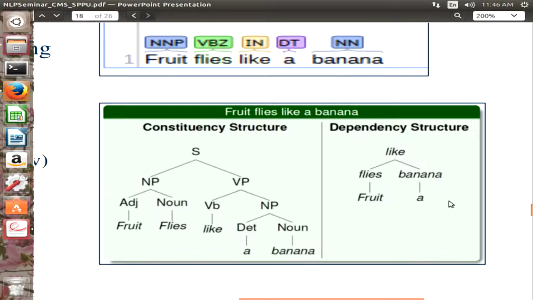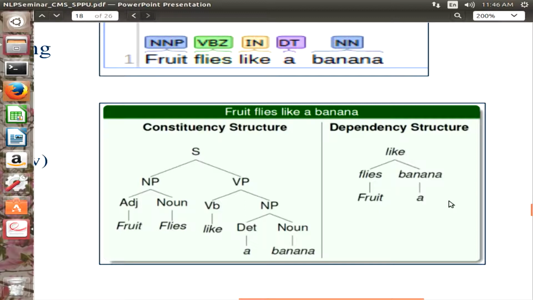So like is the verb, that is, they adore or they appreciate banana. The point is, how this sentence is parsed gives it meaning. If fruit flies is an adjective and noun, then it is the insects, like verb, banana.